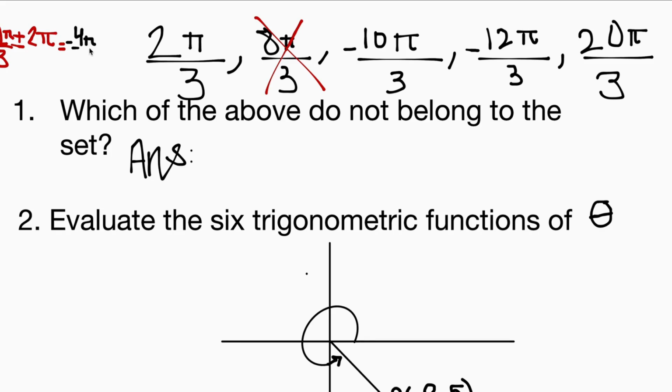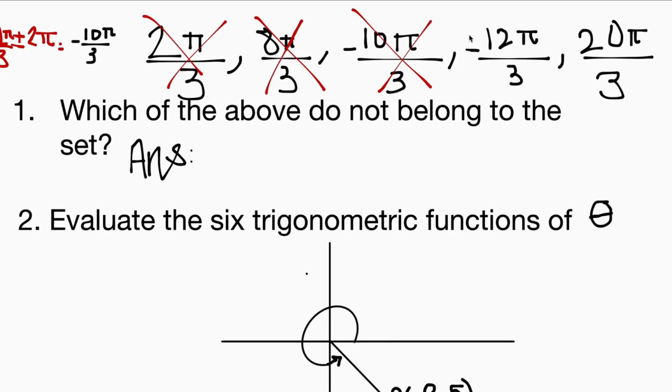If we subtract that again, we would get negative 10 pi over 3. So these two are canceled out. Since these two are here, that means this one is also canceled out, so it's between these two.